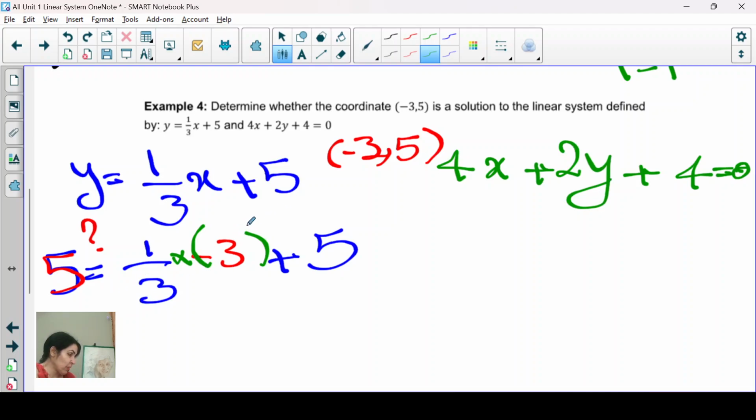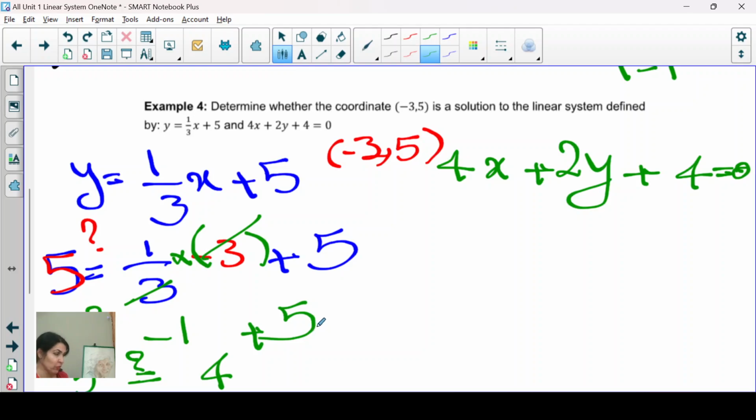These two cancel out each other and we have a negative sign, so it's going to be -1 plus 5. -1 plus 5 is 4, and on the other side we have 5. So 5 is not equal to 4. So this is not a solution.